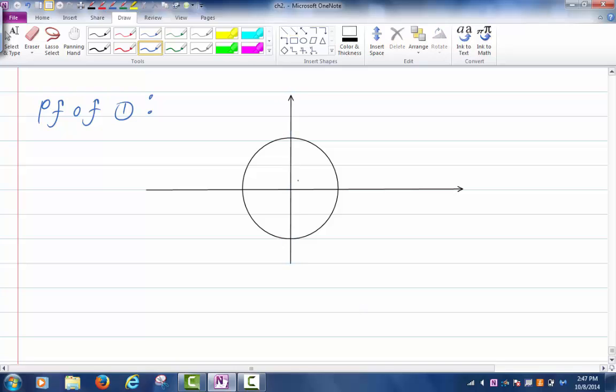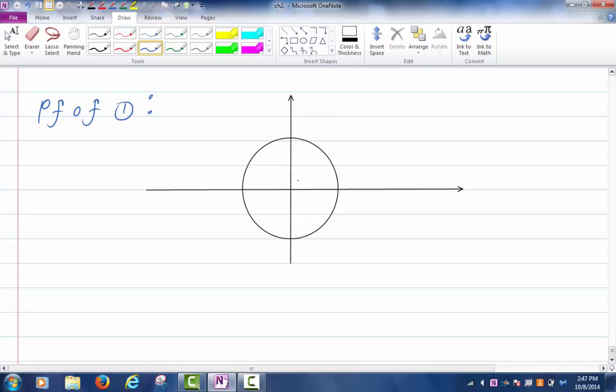Okay, so we want to look at the limit as theta goes to 0. Because theta goes to 0, I can assume that theta is very close to 0. And theta could be positive or negative. So the terminal side of theta would be in which quadrant?